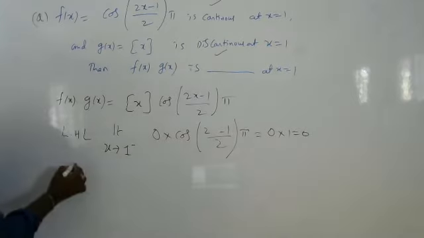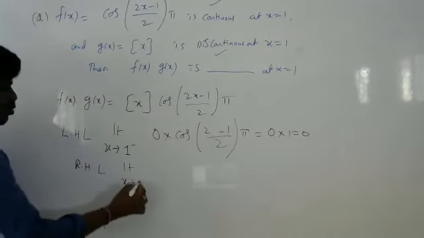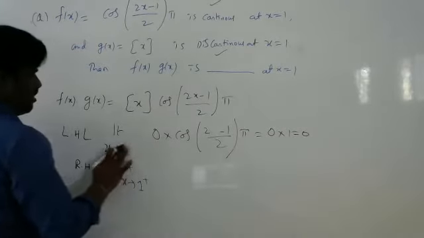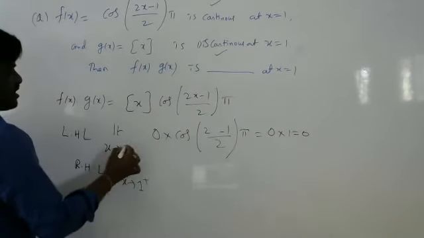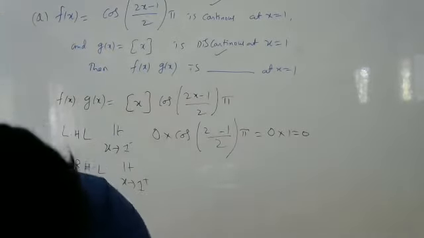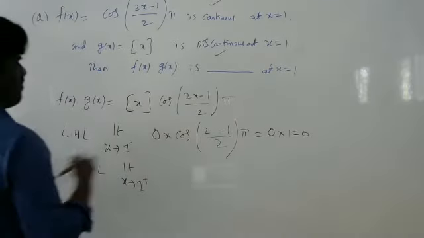Let's find the right hand limit. Right hand limit, x tending to 1 plus. Greatest integer of 1 plus, tell me. Greatest integer of 1 plus is 1.